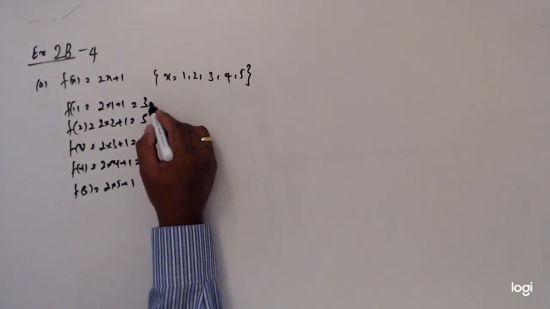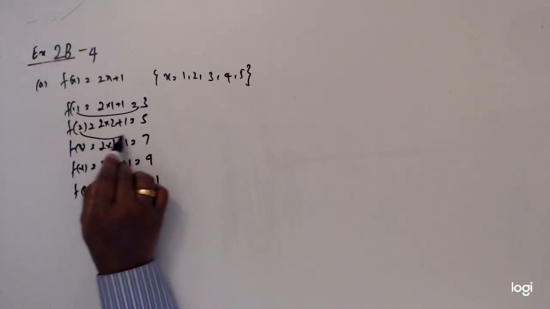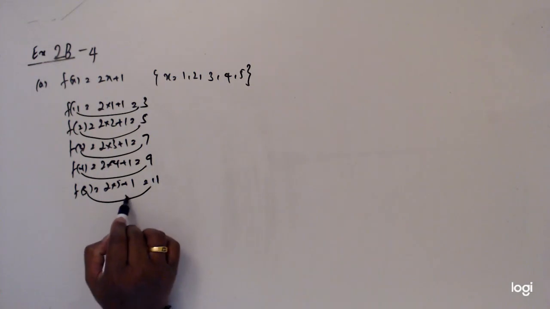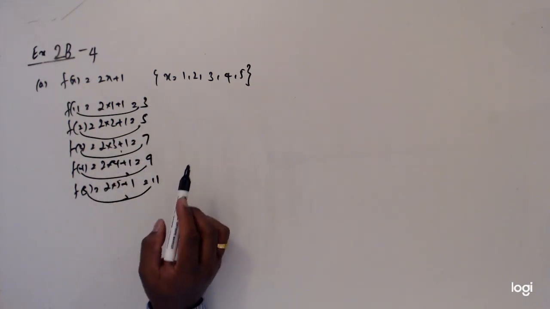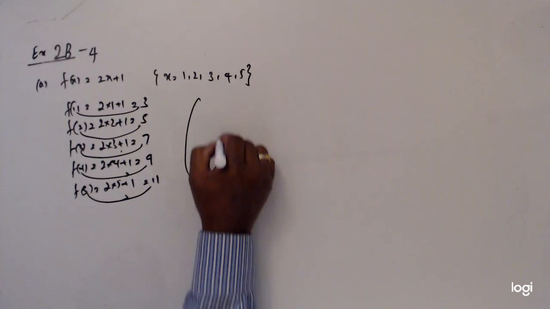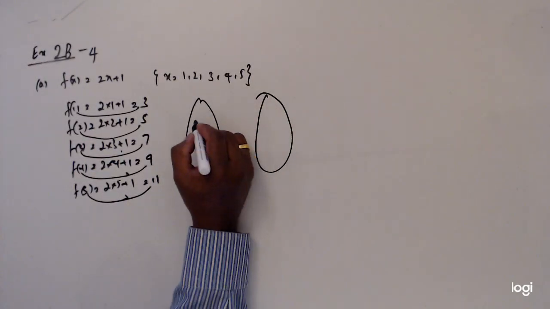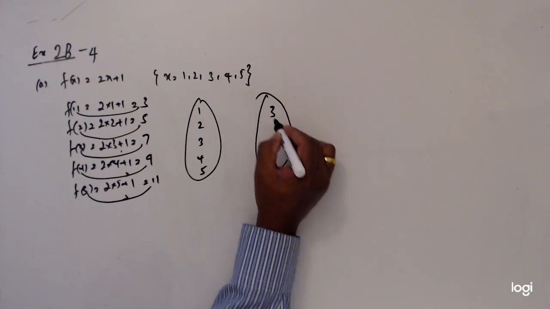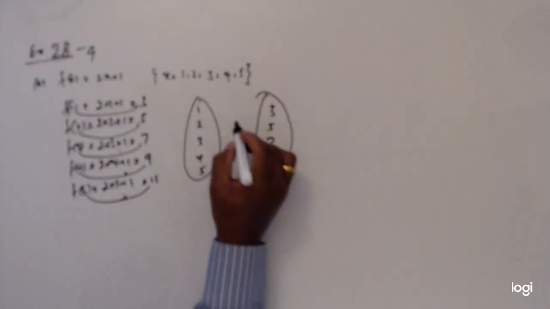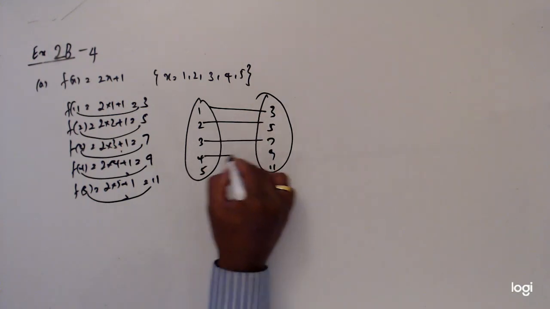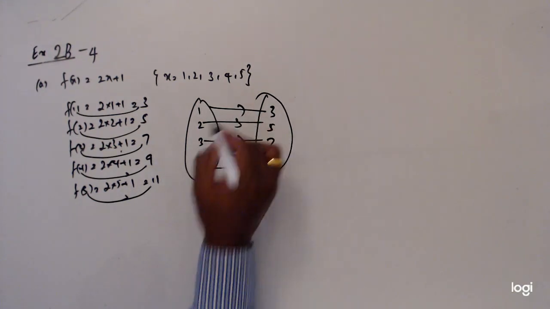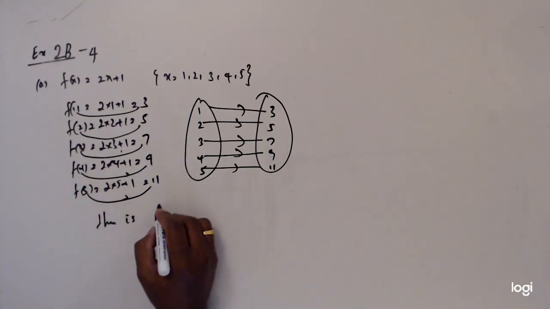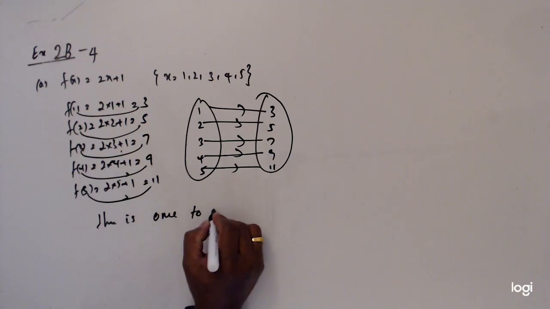So all are distinct. 1 to 3, 2 to 5, 3 to 7, 4 to 9, 5 to 11. So 1 to 1, there is no repeat. So basically this is 1 to 1. I want to write as a mapping 1, 2, 3, 4, 5 and 3, 5, 7, 9, 11. And this is 1 to 1.